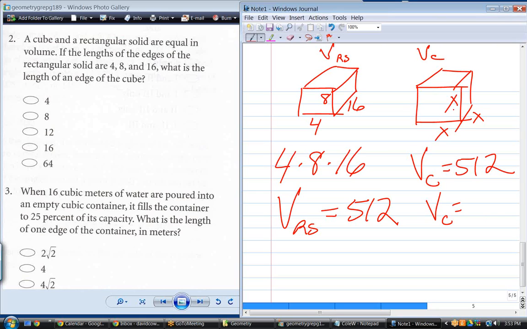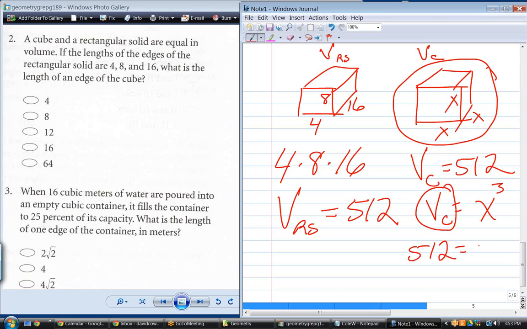512. Well, okay. What's the general volume based on that model right there? Length times width times height. So which is, in this case, what? X times x times x, or x cubed. X cubed. That's what I was trying to get at. Okay? Because we're trying to solve for x. So we can replace the volume of the cube with the number 512, and that's equal to x cubed.